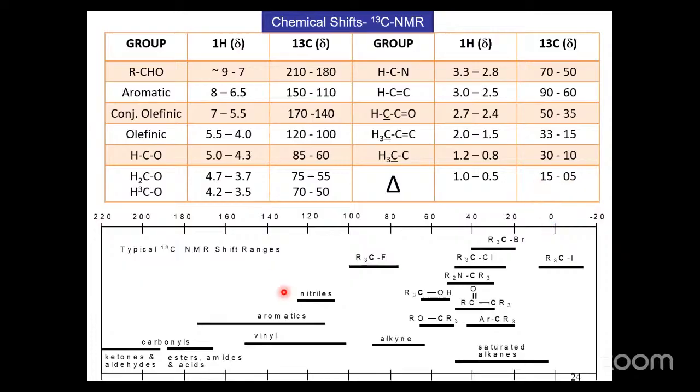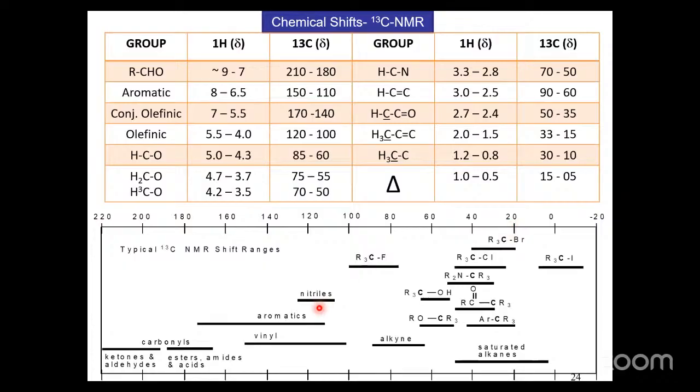So this is the complete NMR spectrum, right from 0 to 220. At 0 to 20, you will see saturated carbons coming. The carbons which are attached to saturated molecules come between 0 to 20.